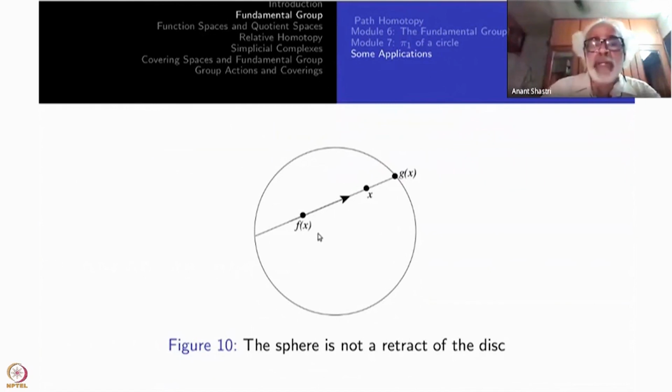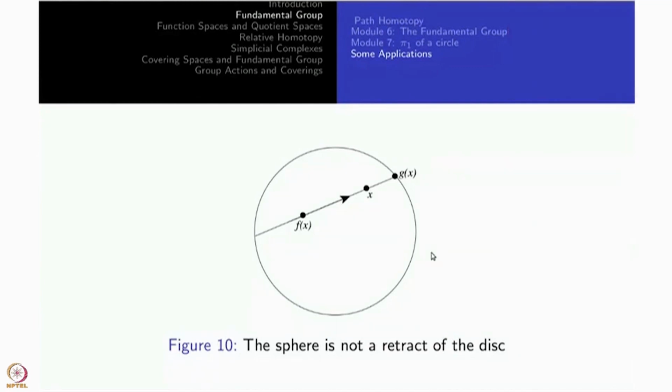I am not saying that they are inside the disk; they are in the closed disk. Some of them may be on the boundary also. Doesn't matter. The picture shows both of them inside, but that doesn't mean that they should be inside. Extend that line from f(x) to x and hit the point g, which is on the boundary.